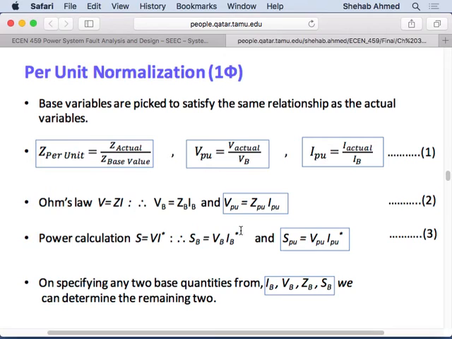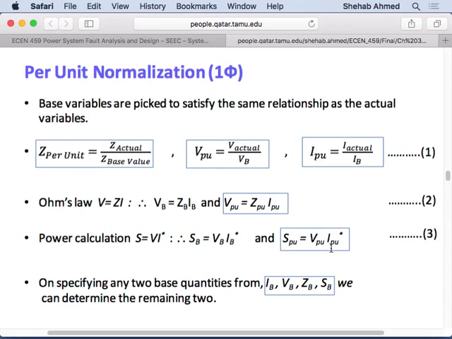Choice of base is what this is all about. I will choose a certain base value for 2 of the quantities. Remember, we have 4 quantities: voltage, current, power, and impedance. If I know 2, I will find the other 2, because everything is related either by V equals Z times I, or S equals V times I. Of course, the per unit values have angles.